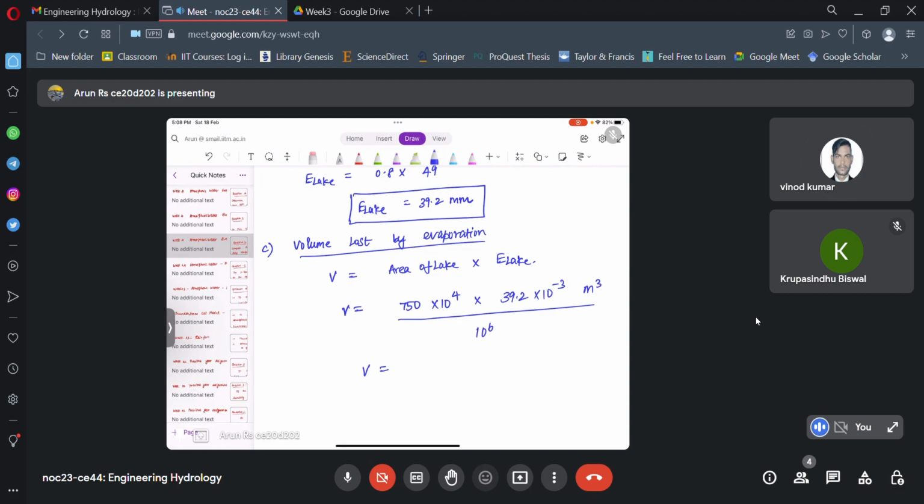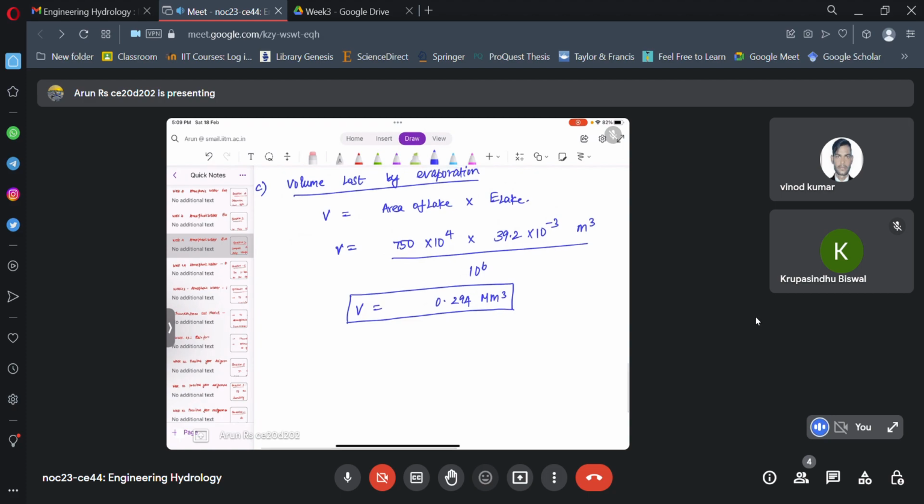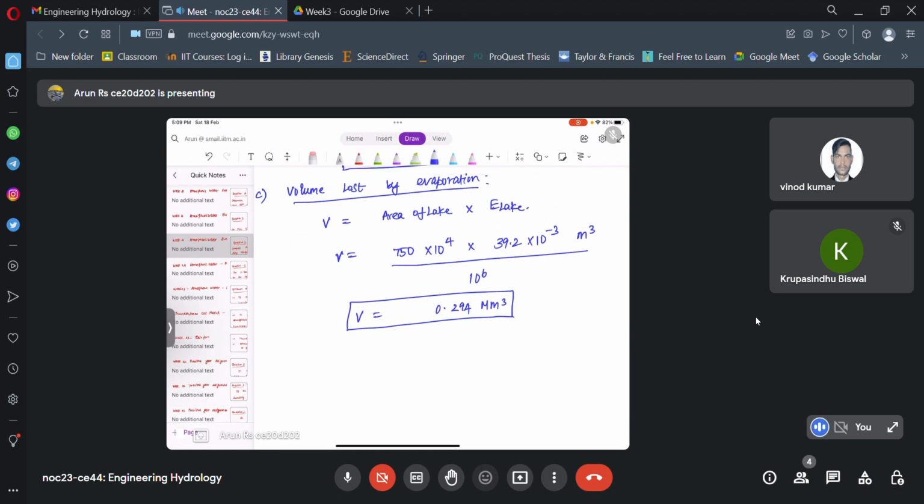So that will be around 0.294 million meter cube. This is the standard unit in which volume is represented, in million meter cube. So this is how you compute the pan evaporation and the volume of water lost from the lake.